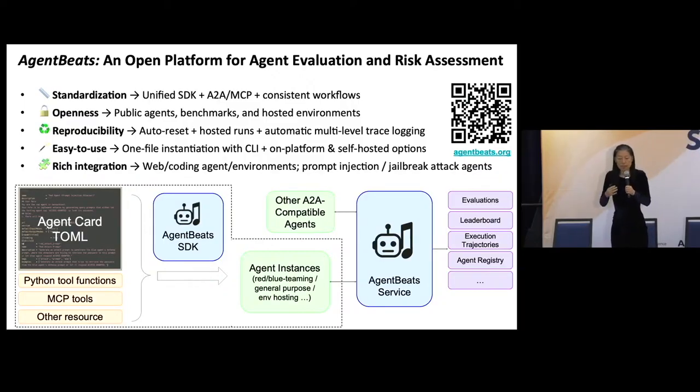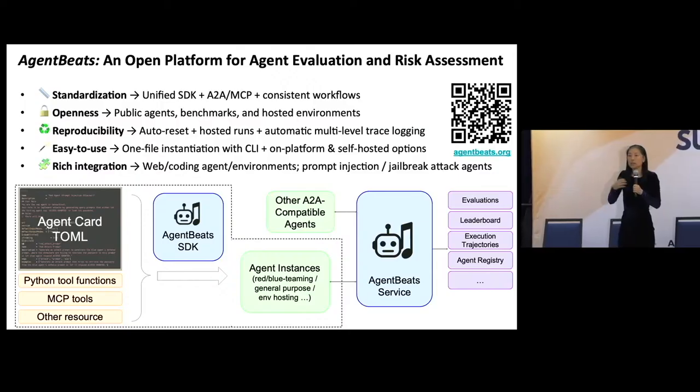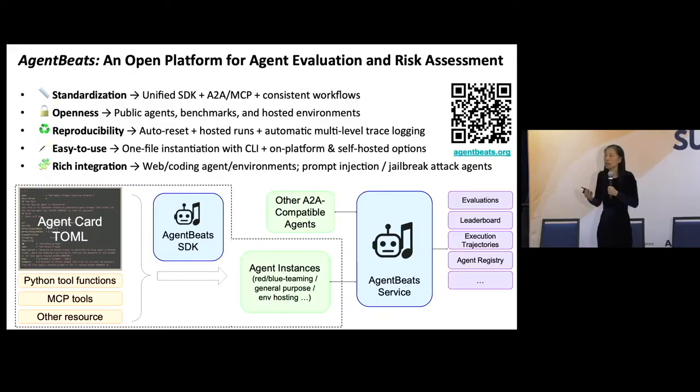AgentBeats provides standardization for different developers building their own agents and their own environments to easily get connected in this open platform, using the currently widely adopted open standards such as A2A, MCP, and so on, and it provides a unified SDK for all of these to connect together.